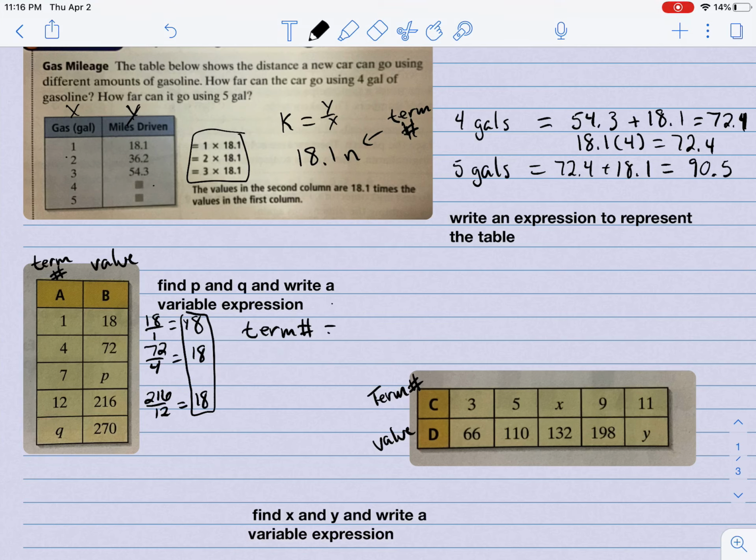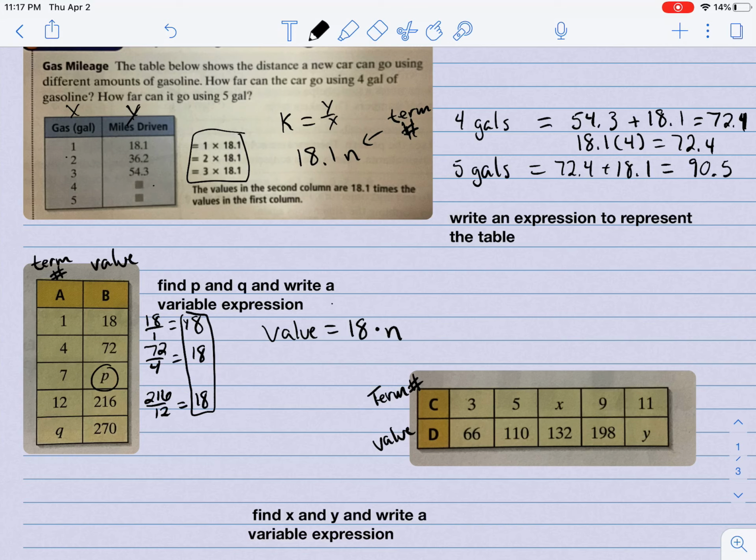So we could set this up as our value is equal to 18 times n, n being our term number. So in this case, if we want to find what p is, well, p is our 7th term, so this isn't term number, this should be value.